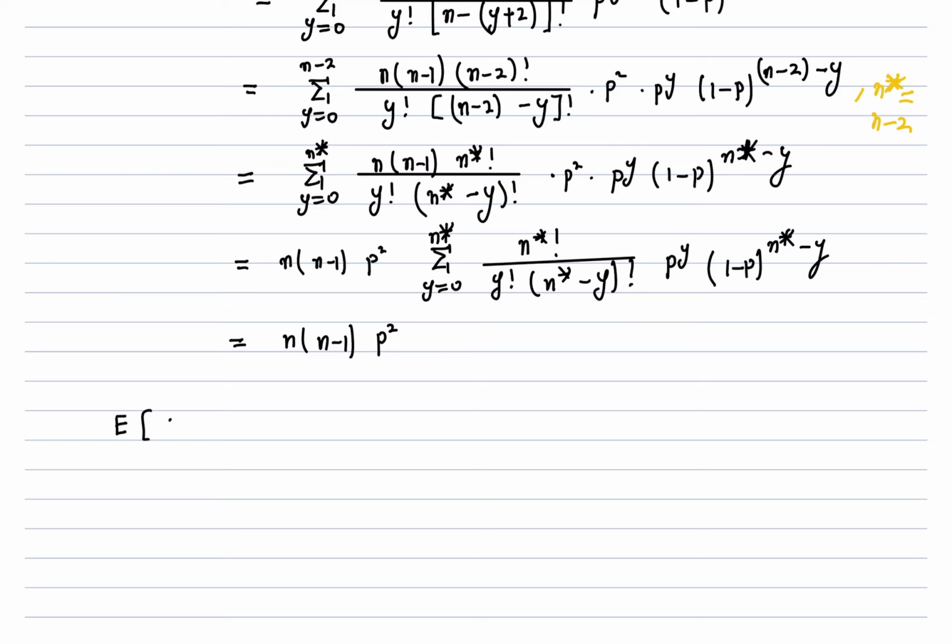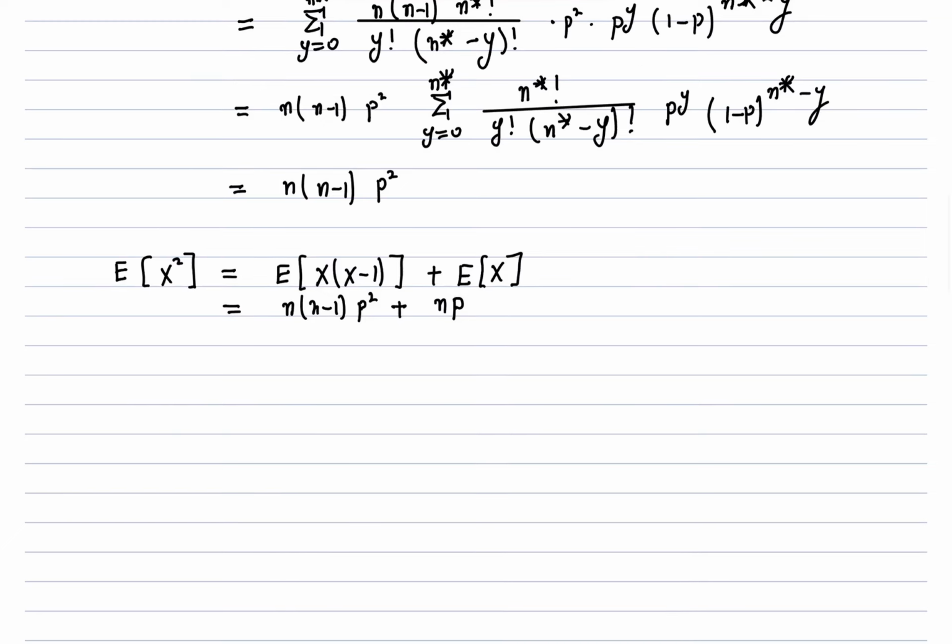So again, using the expression we had before, the expected value of x squared was the expected value of x minus 1 plus expected value of x, which in this case is n minus 1 p squared from above, plus the expected value of x was np.